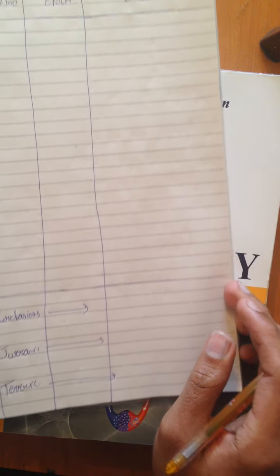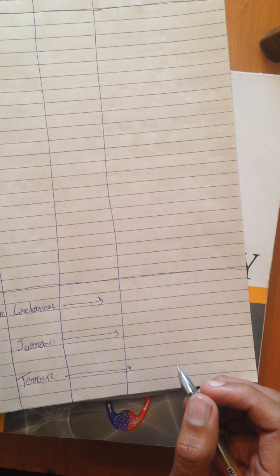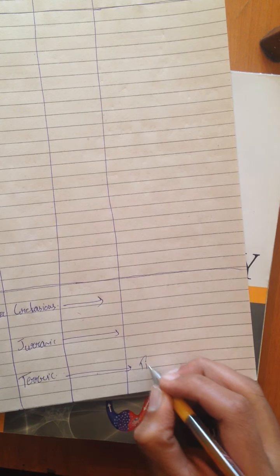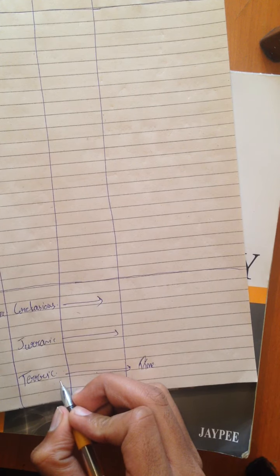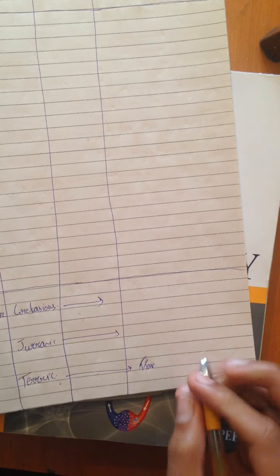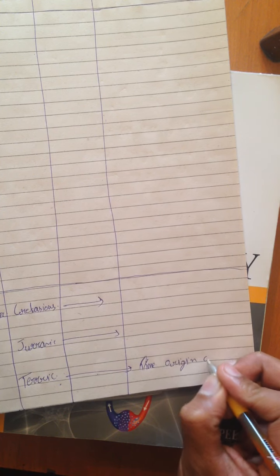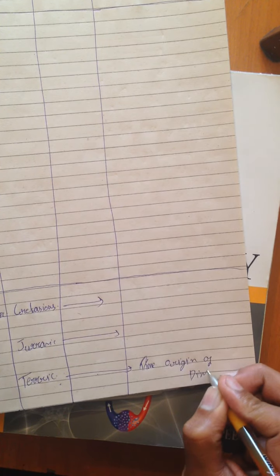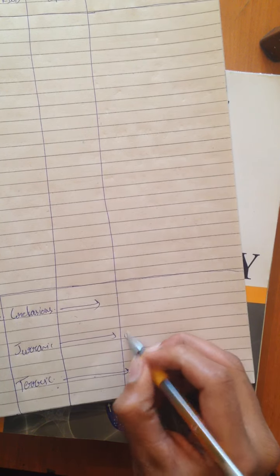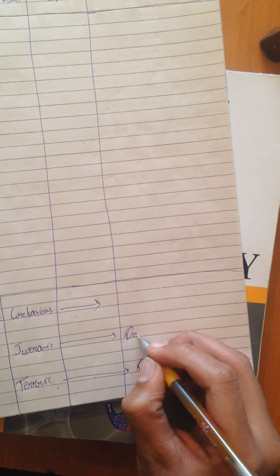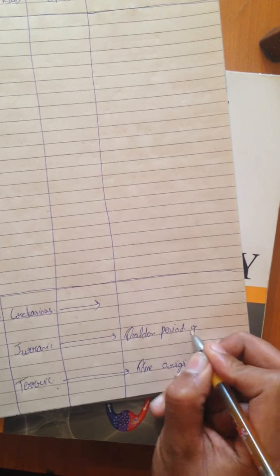Let me talk about that. Then in which era what evolution takes place? We are talking about the Mesozoic era. It's the time of dinosaurs. In the Triassic period of the Mesozoic era, the origin of dinosaurs. In Jurassic, it's the time of dinosaurs, the golden period of dinosaurs.